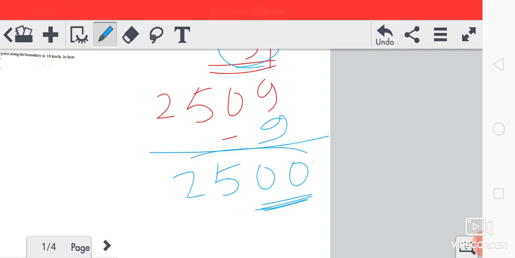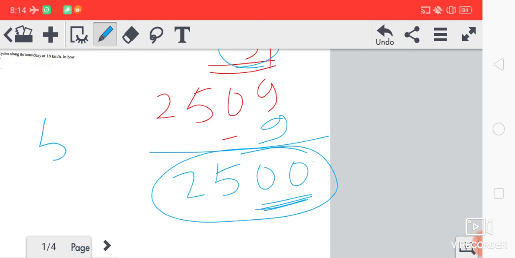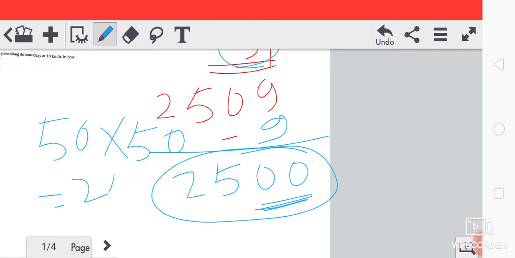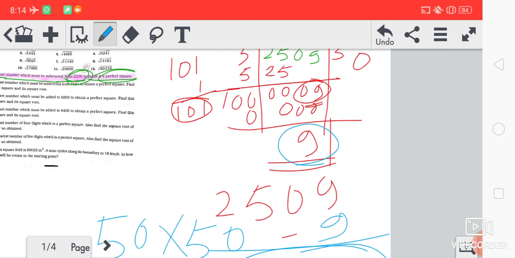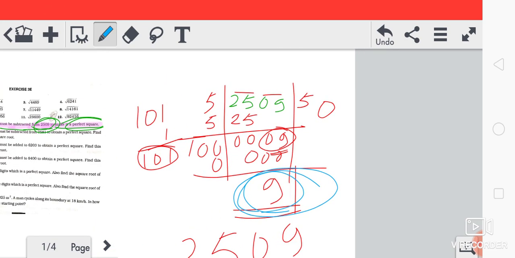So will we get a perfect square or not? 50 into 50, if we multiply, how much will we get? 2500. So 50 square is equal to 2500. So what is the least number that we have to subtract? 9 is the least number which we have to subtract. So in 2509, if we subtract 9, then it will become a perfect square.